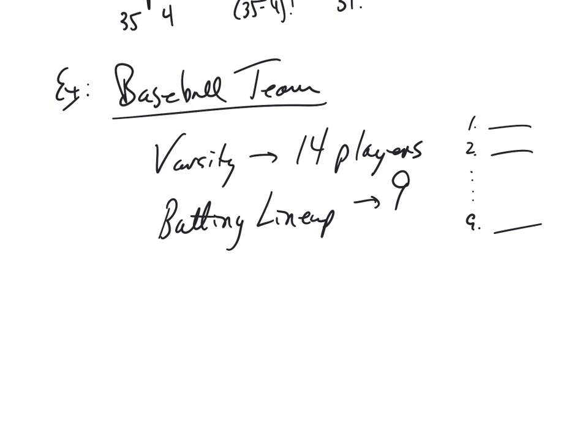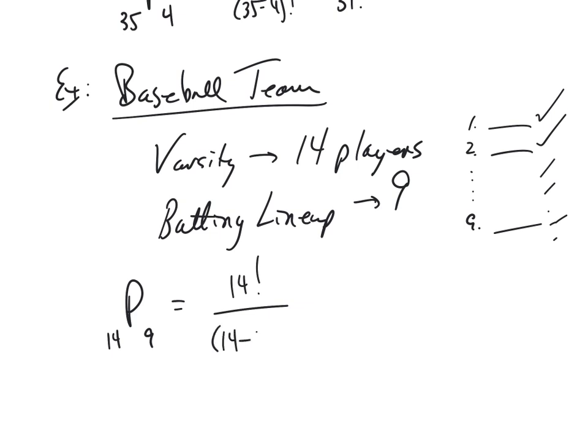So my question would be, how many different batting lineups could Mr. Ivancic potentially submit to the umpire? Well, because it's important who bats first, second, third, fourth, and all the way down to ninth, it's going to be the number of permutations of the total number of players on the team selected 9 at a time, which means it would be 14 factorial divided by the difference, (14 minus 9) factorial.